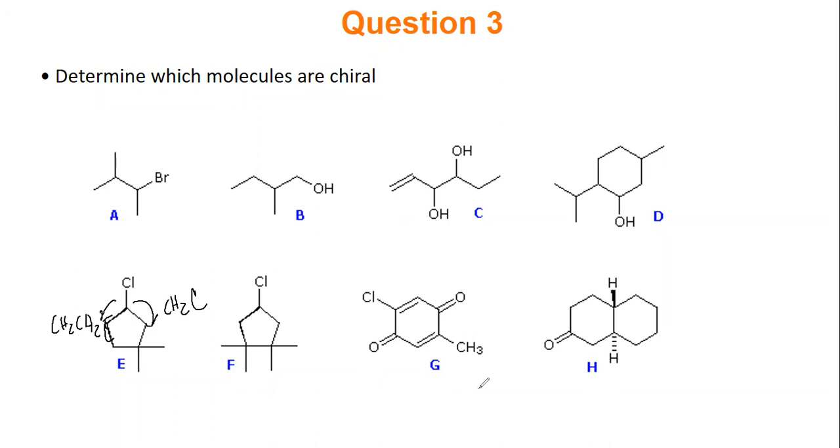Find a carbon and see, depending on which way I go, are these things different? Do I get different pathways? And it also has to have a group attached off of it. Even if you go two separate directions, if it's H and H, it's not chiral. So for example, this carbon that I just drew is not chiral because it has two hydrogens attached to it. So remember, 4 different groups on my carbon.